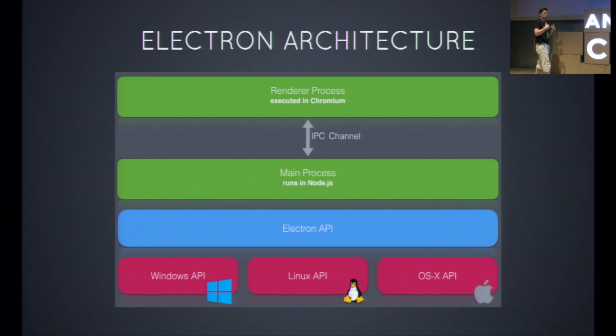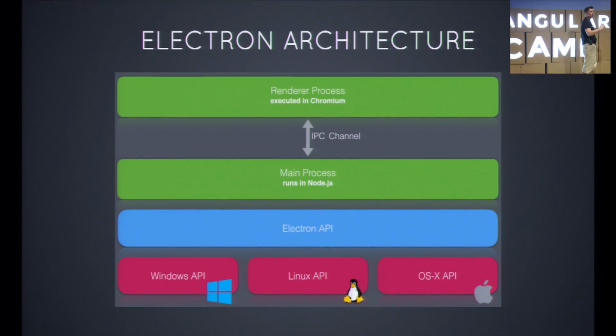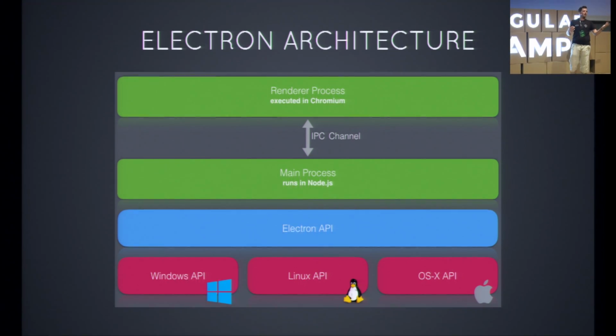And in order to get that done, there is an IPC module exposed to both the main and the renderer process, that you could load and send simple messages, as you would do it with HTML5 post messaging, from one process to another, either synchronously or asynchronously, and you could respond to them.